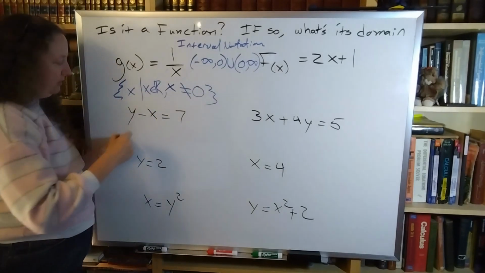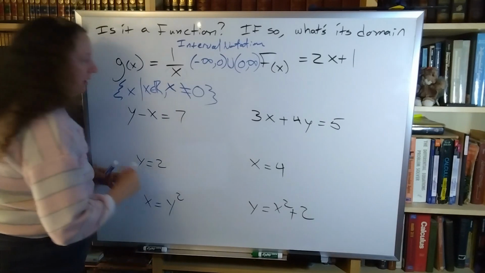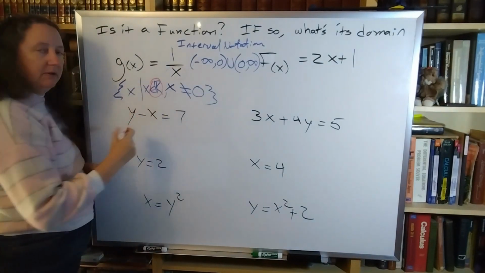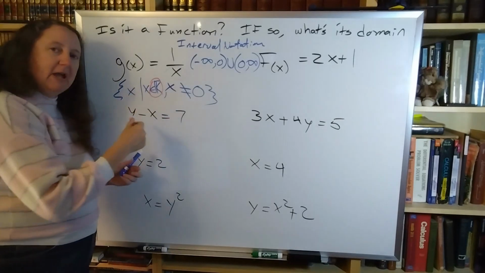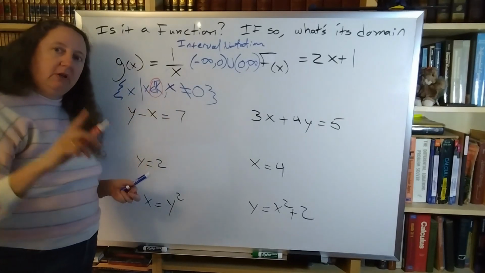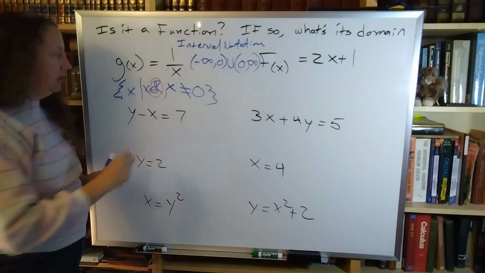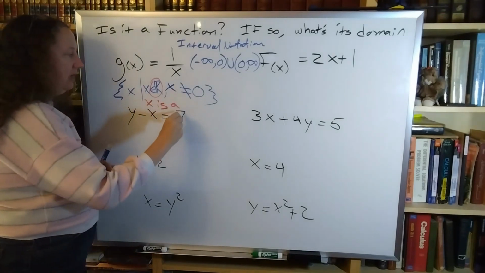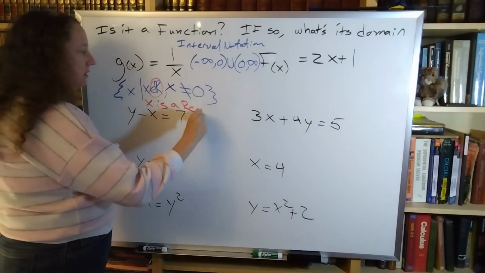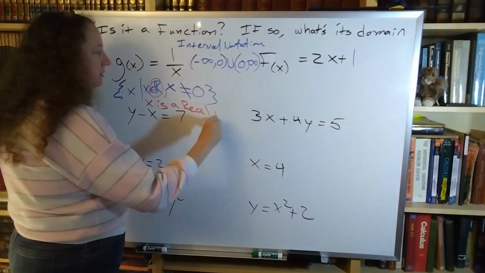Now, a lot of you will look at this and say, what's all that about? Instead of writing it in mathematical symbols, what I would expect you to do is to write this: x is a real number.